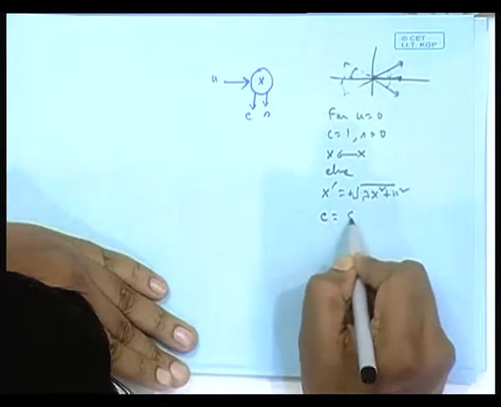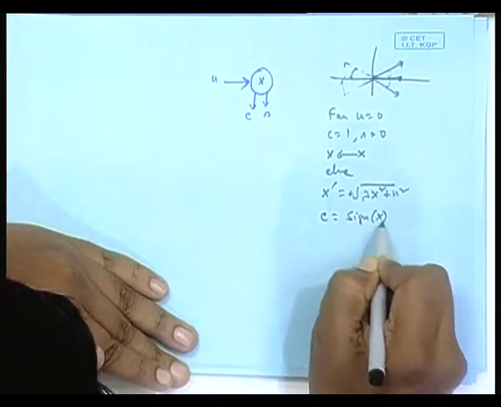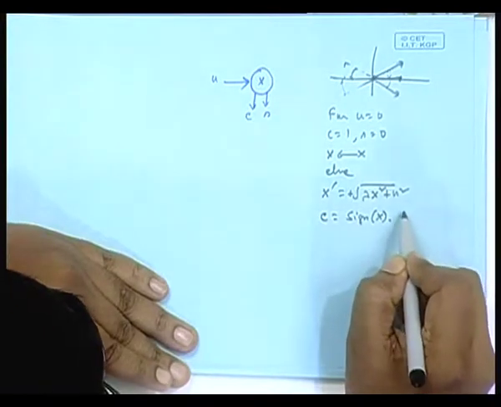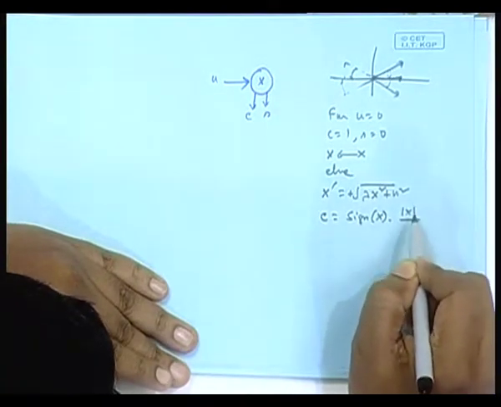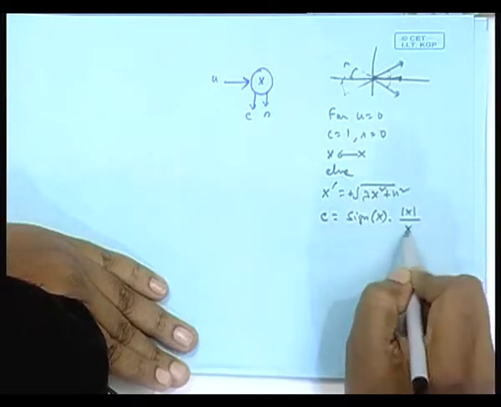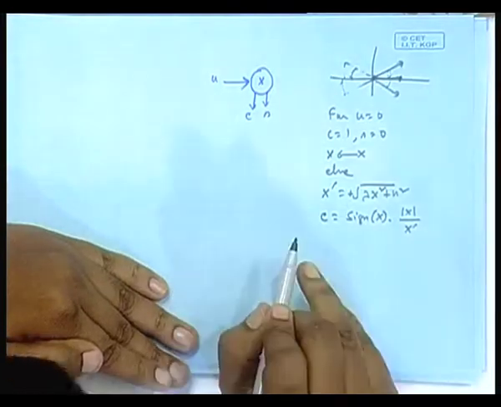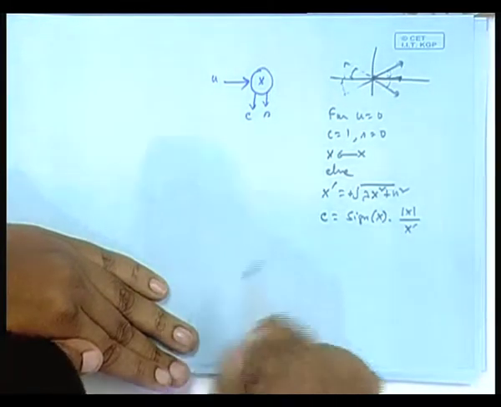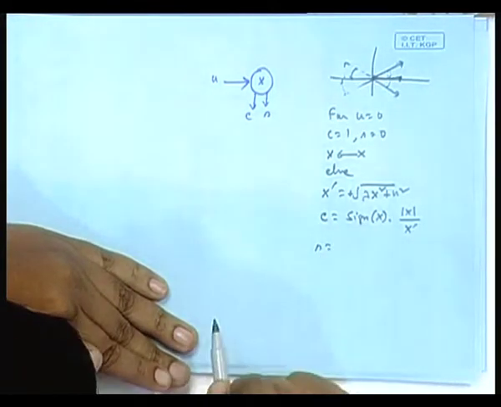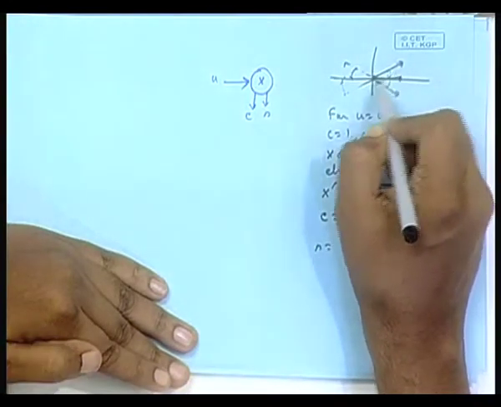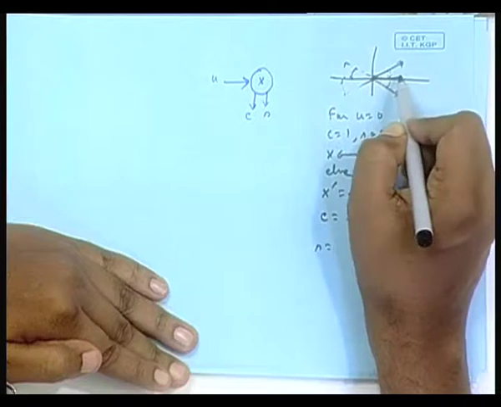Then C is sine of x times x prime. I am already taking the plus value. It's fine. And S will be, magnitude of S is always u by this length.